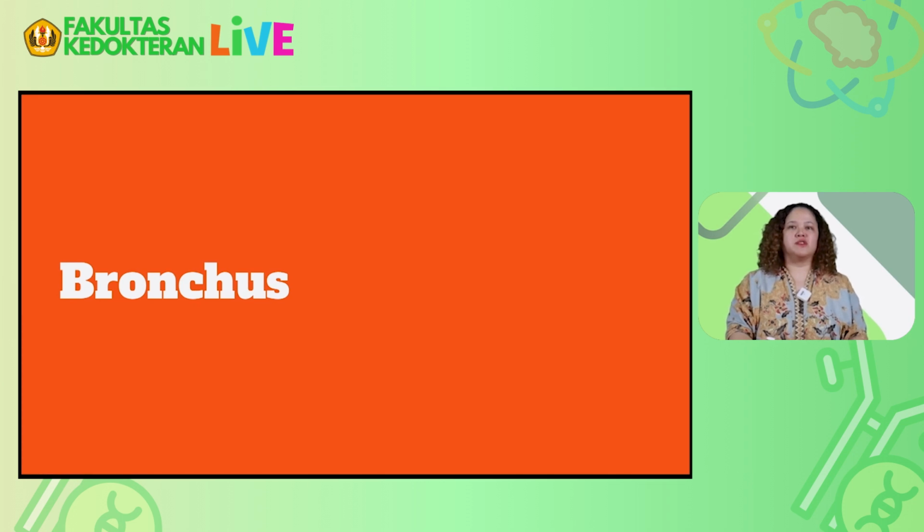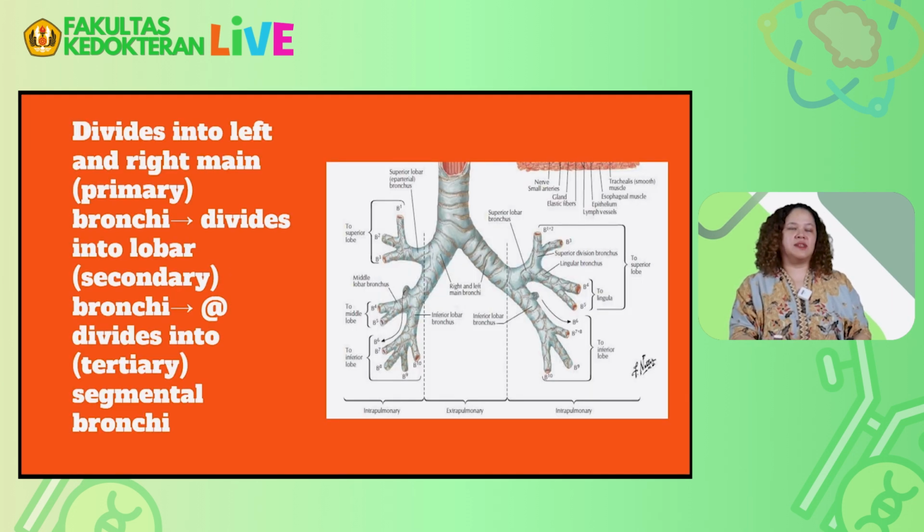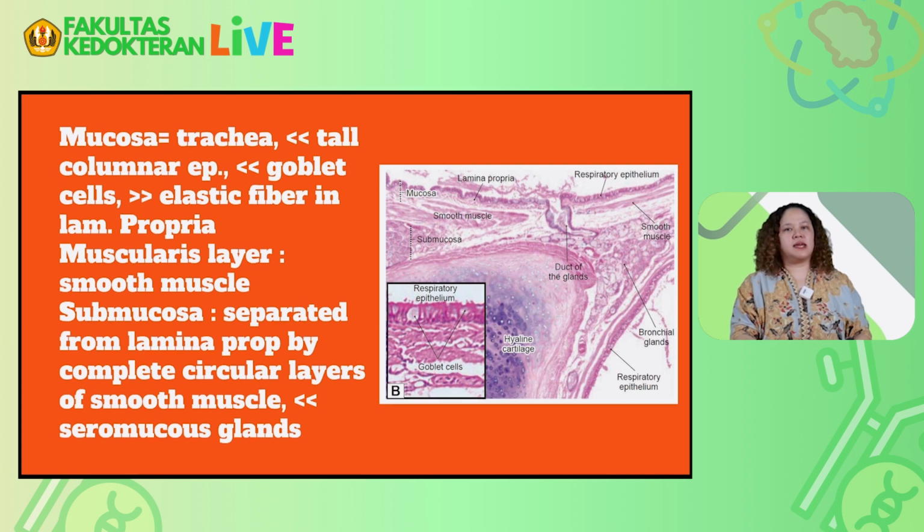Okay, now we continue to the bronchus. The bronchus divides into left and right primary bronchi, which further divide into lobar bronchi, and then again divide into segmental bronchi. Its mucosa resembles the trachea, except the epithelium decreases in height, and the number of goblet cells and seromucous glands also reduces. In its lamina propria, elastic fibers become more prominent.